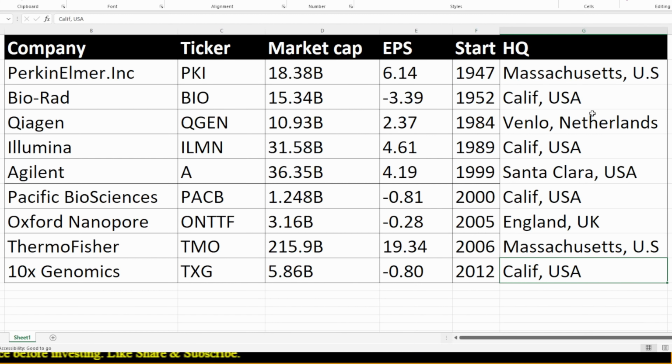And as you can see, we have a whole lot of genomics companies in California, and most of these genomics companies that we profile are in the US because that's where we can buy and sell shares. The only exceptions out here are QGen, Venlo, Netherlands, and Oxford Nanopore from England, UK.